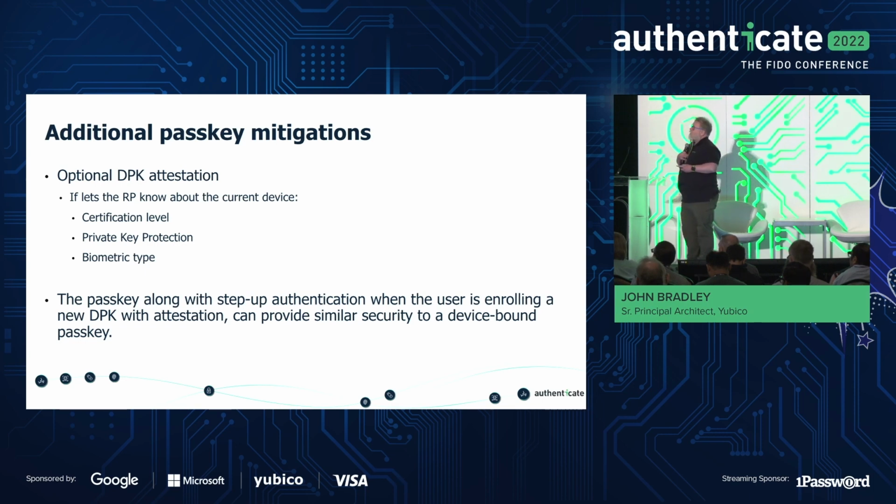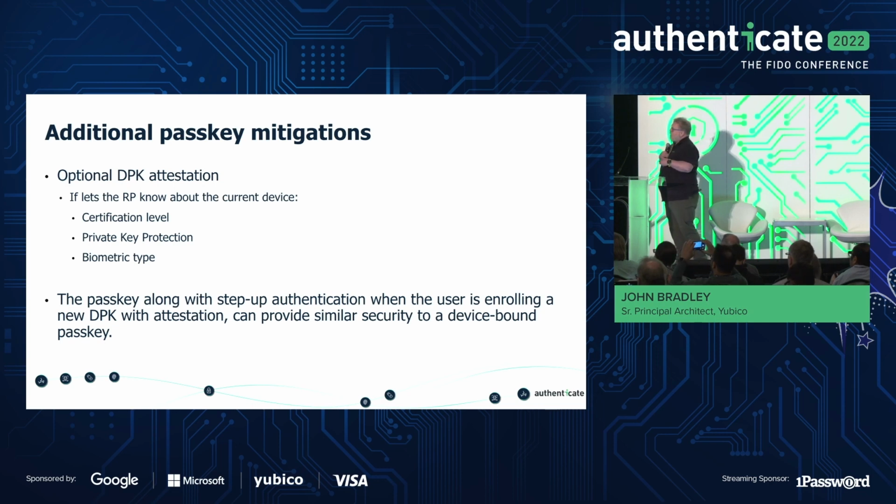we didn't really talk about in Tim's presentation is that the device public key extension also has an optional attestation. In a lot of cases, especially if you're an enterprise, you care about how the key is secured and what kind of device it is. So the DPK attestation tells you that the device public key is coming from a specific device.